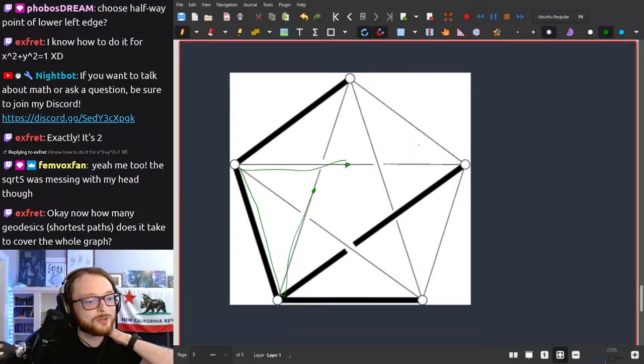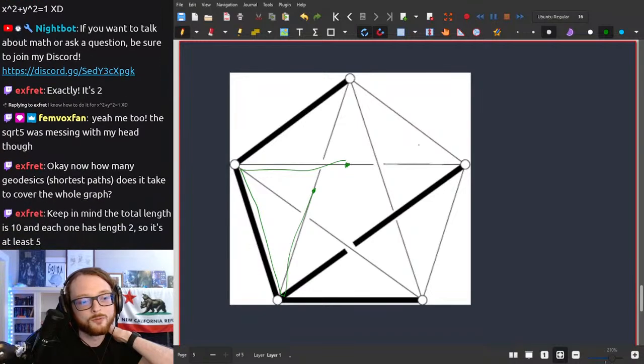How many geodesics, shortest paths, does it take to cover the whole graph? Well, there's 10 edges in total. Yeah, at least 5. That's the first thing I was going to figure out.